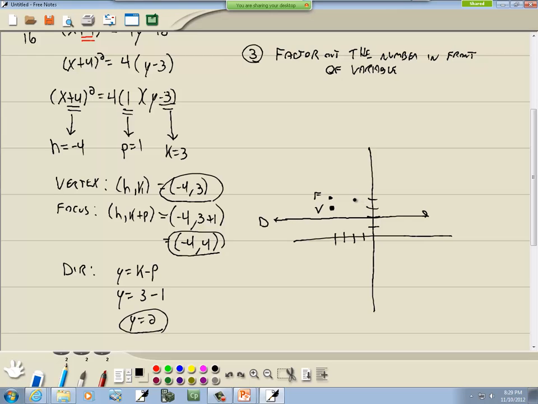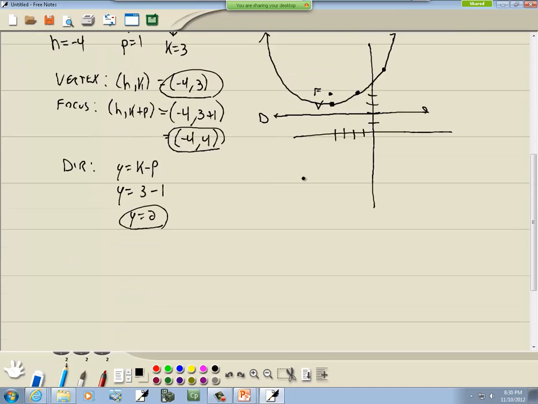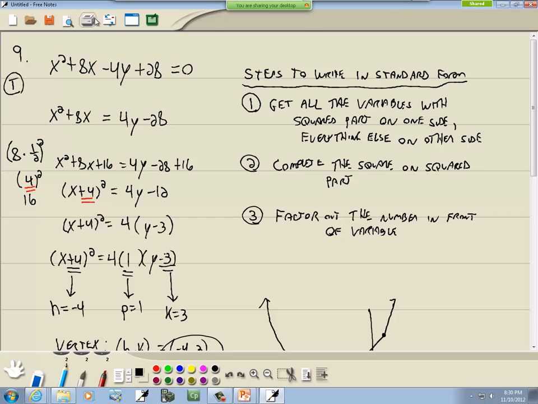Okay, so I'll pick points. Maybe right there. Maybe right there. Get that. So then by symmetry we get the other side. And I don't think I have room for another one there, so let me save that.